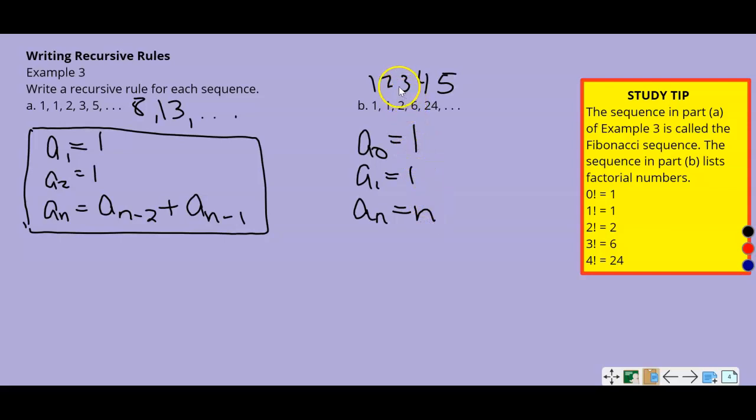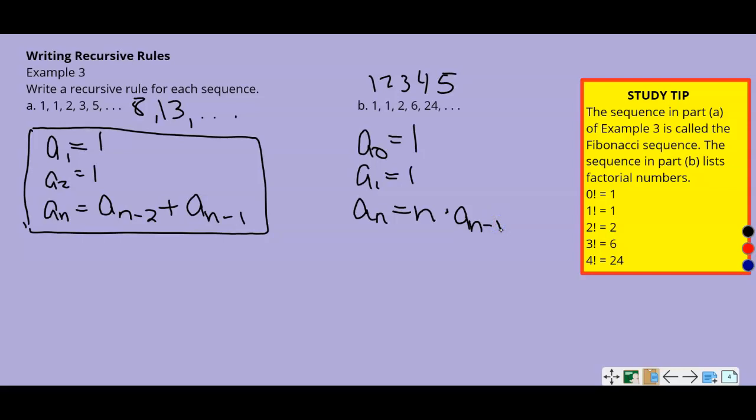Remember, n is what place it is in the sequence. First, second, third, fourth, fifth term. Okay, so n is the number, whatever your term is, times the previous one. So 6 comes from 3 times 2. So n times a sub n minus 1.